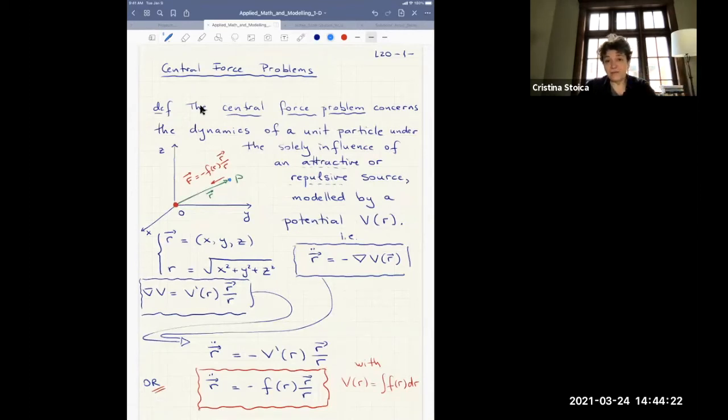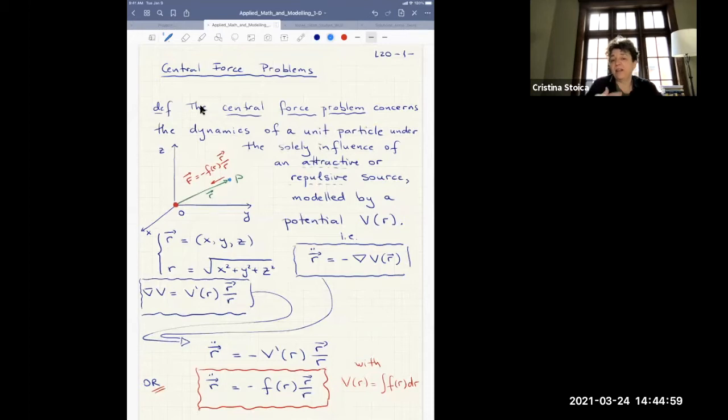However, before that, I wrote down in a more compact and clear way what we did last time, so you know where you are and what's going on. Central force problems concern the motion of a mass point, a point that has weight, under the influence, attractive or repulsive, there is no difference at least at this level, of a source.